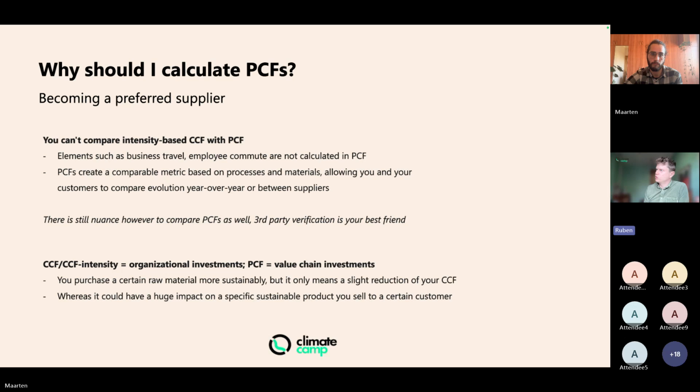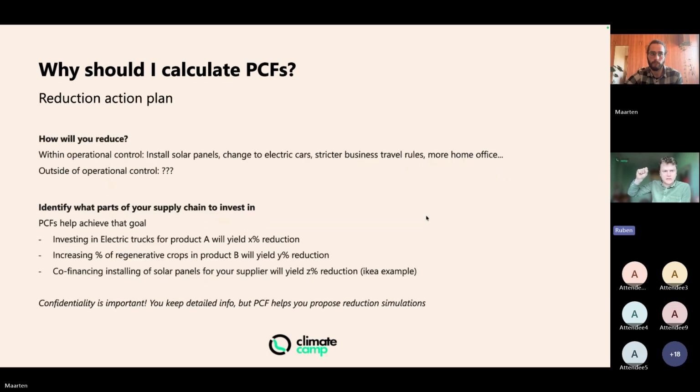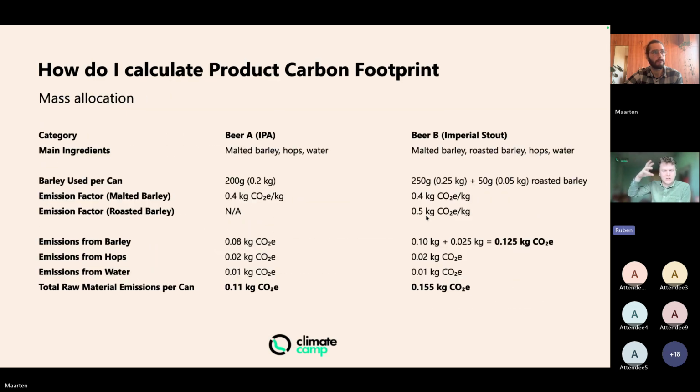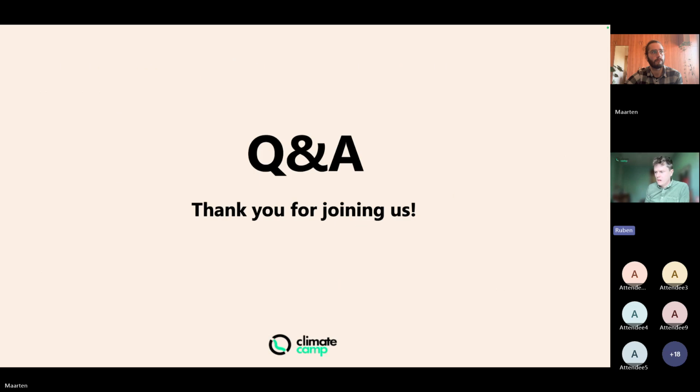And maybe to add a last part to that as well, Maarten, as it's quite an interesting topic. What we see sometimes is that it's very interesting to see the proportionate impact within a PCF: how much is related to electricity, how much to gas, how much to packaging, how many emissions are related to transport. Because when it comes to actions, that allows you to gather insights on how big your levers with suppliers are.